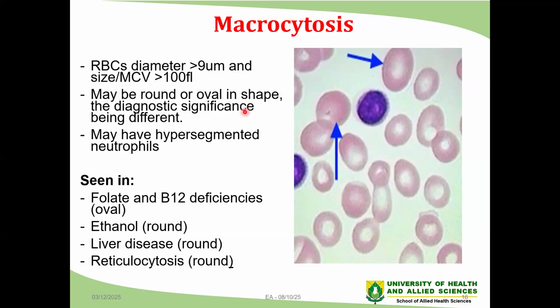And then finally, if you have a situation where the bone marrow is compensating for anemia, and for that reason has released a lot of reticulocytes into the blood film, that one too would lead you to having round red cells, not just round red cells, but large in size, round macrocytic red cells in the blood film.